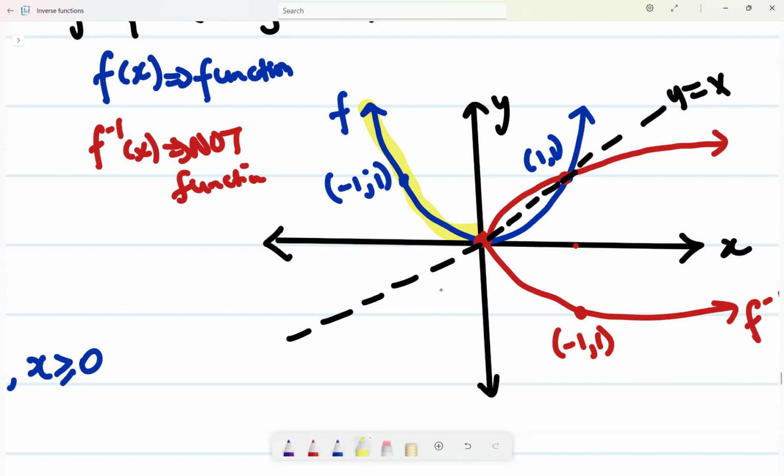Can you see -1 translates to 1? Remember, we translated this point to (1, -1). So if I just have this portion, when I draw its inverse, it's going to be just this portion where I have translated that.